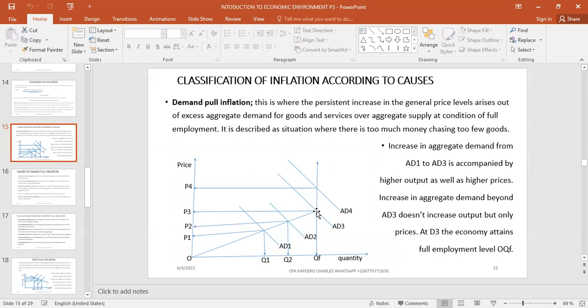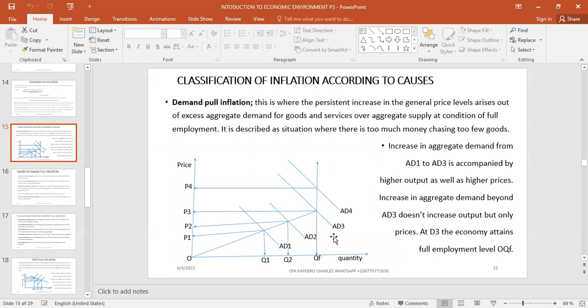So when the aggregate demand exceeds the supply, from AD1 to AD3, we assume that the organization has achieved full employment. That's why at AD3, we expect that this quantity is at full employment, meaning that is the only quantity we can supply, even if the demand increases to whatever value.